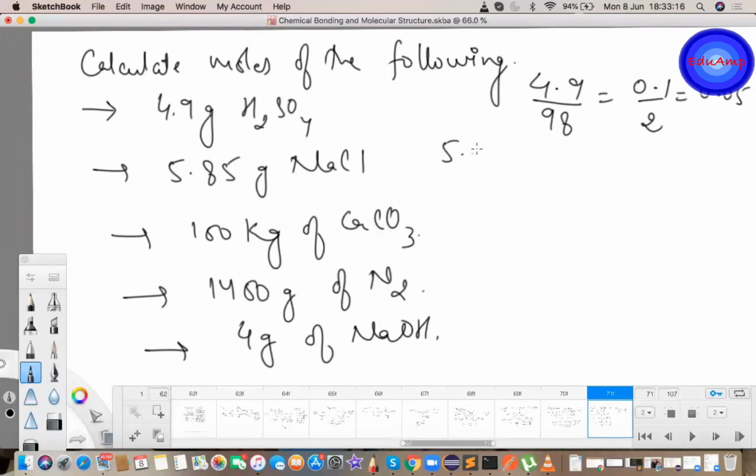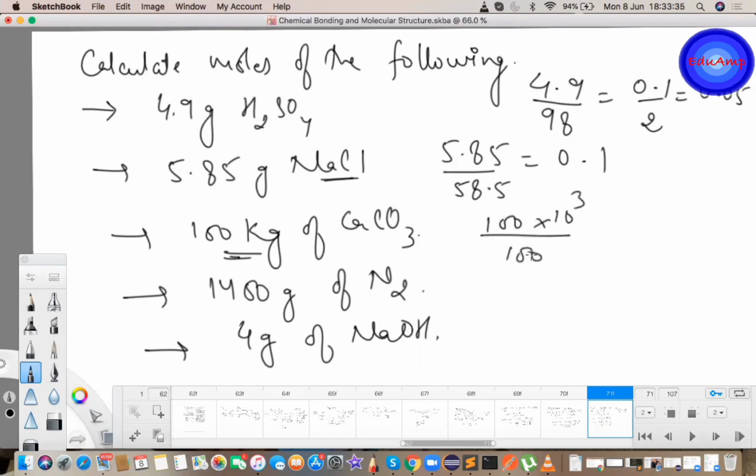Next, for the second, 5.85 divided by the molecular mass of NaCl, which is 58.5. That is 0.1. Now this is 100 kg. You have to convert 100 kg into gram. That would be 100 into 10 to the power 3 upon the molecular mass of calcium carbonate, which is 100. This comes to be 10 to the power 3 moles. Now 1400 grams of N2 divided by 28. That is 100 by 2, which is 50.